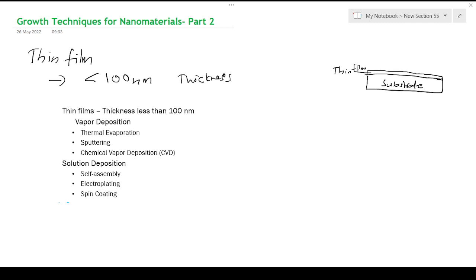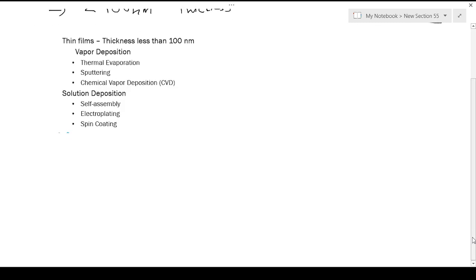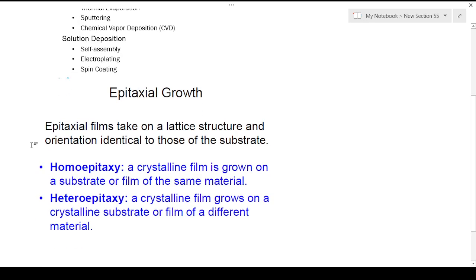So when you are coating on a silicon 100 substrate, the direction of the thin film will also be aligned in that particular direction. Such films we call epitaxial films, and the thickness of the films will be very small in that case, and the epitaxial film will take on the lattice structure.